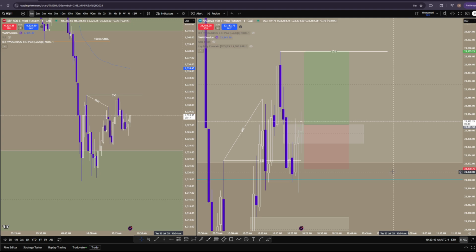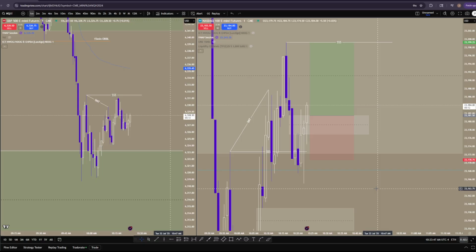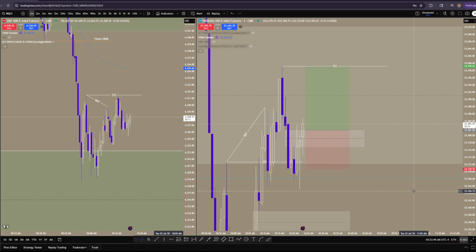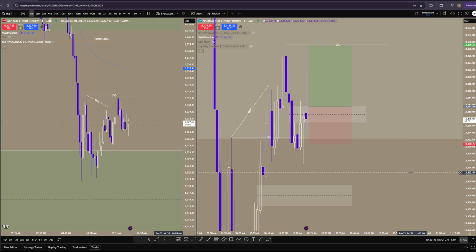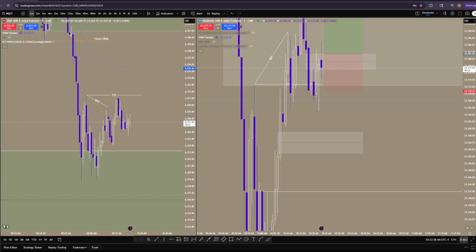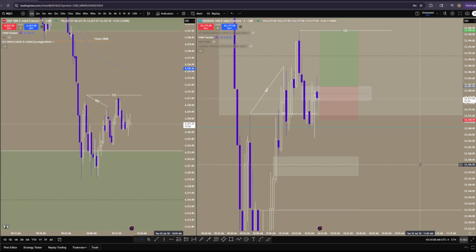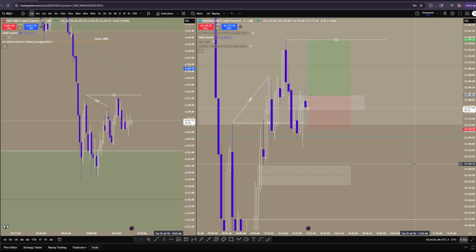So obviously, longs could step in here up to that 200 area. Probably won't see me take it unless we get a close above. Still no close above.